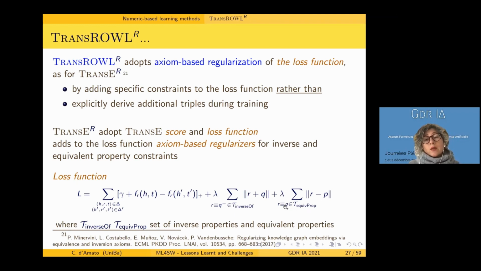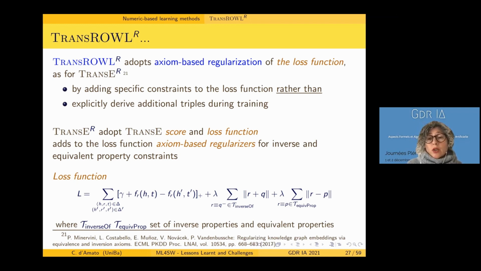In order to adopt this approach for the case of TransR, we need to apply some changes. The first one is that we need to adopt the score function adopted by TransR rather than the score function adopted by TransE, and this is quite straightforward.